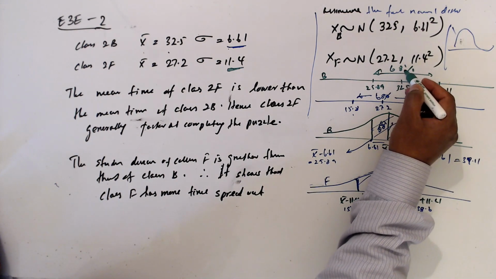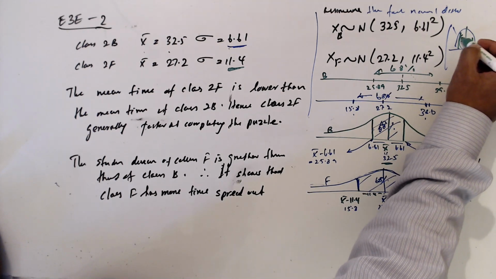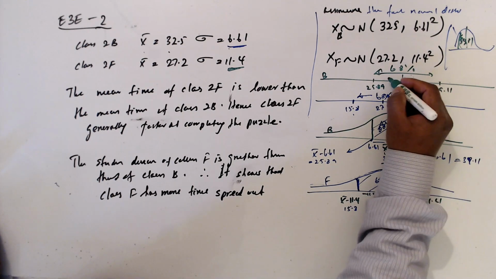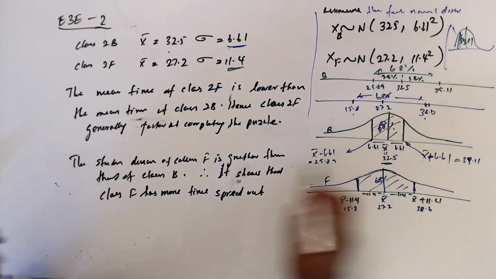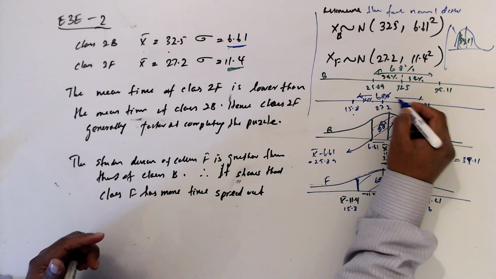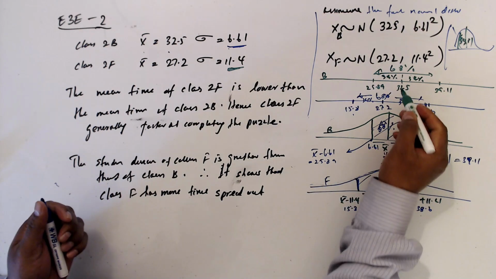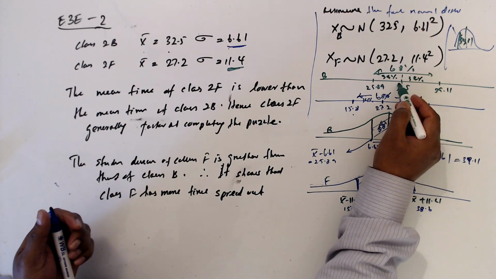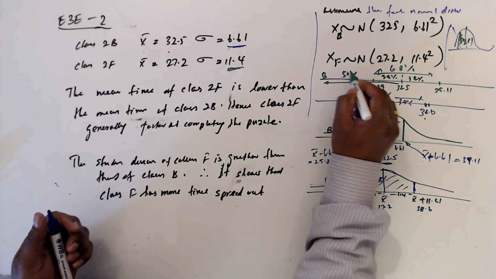So this is 68%. It means if this is symmetric, then this is 34, 34. From here to here 34%, and here to here 34%. And we know that from the mean down it is 50% of data.